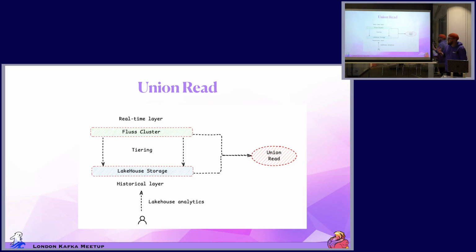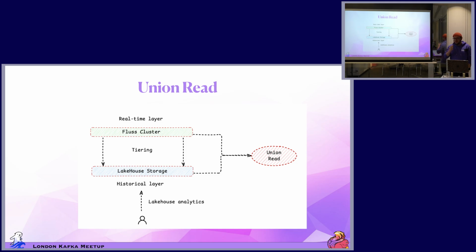And then you have a tiering, and this tiering is getting to lakehouse storage. It's a bit of a simplification because there are different types of tiering in Fluss. But let's focus right now on the fact that there is a real-time layer, and this is a historical layer that you can query with lakehouse analytics engines and whatever.